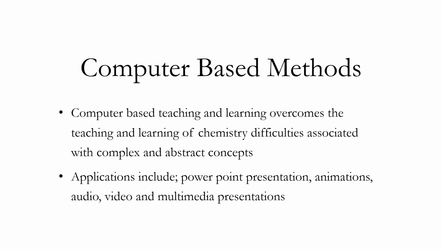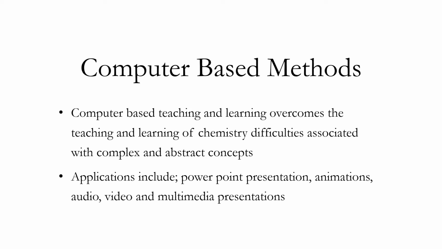We have returned to our lectures on computer usage and computer applications in chemistry. Computer-based methods of teaching and learning are the ones that we are mainly going to talk about today.